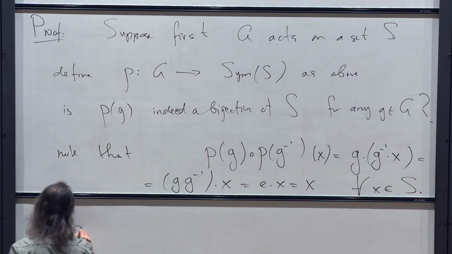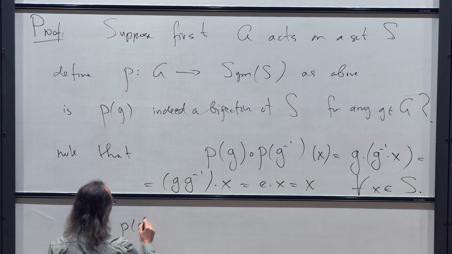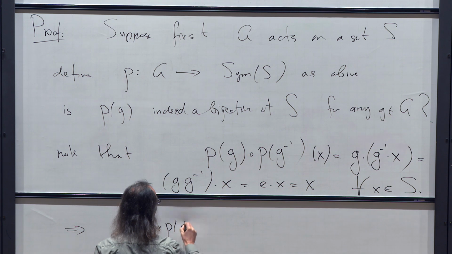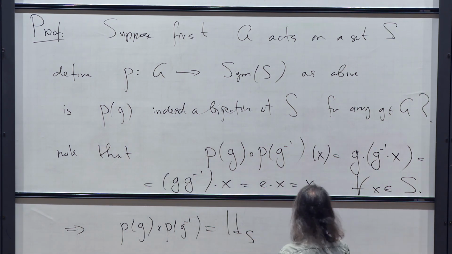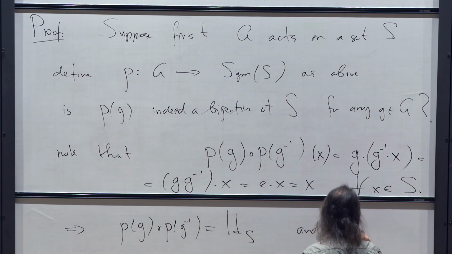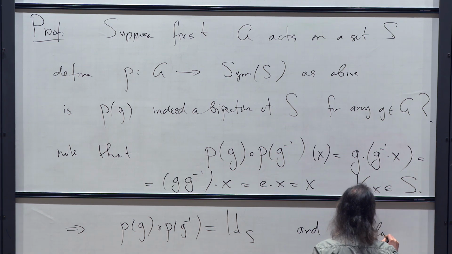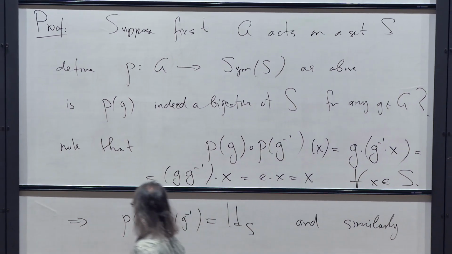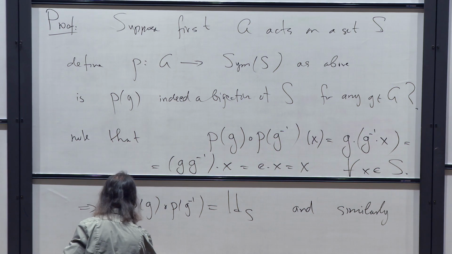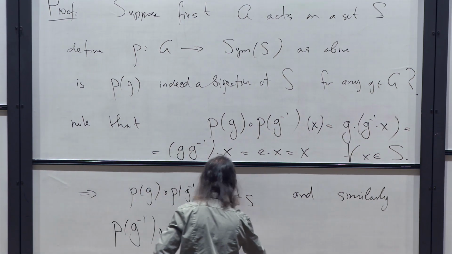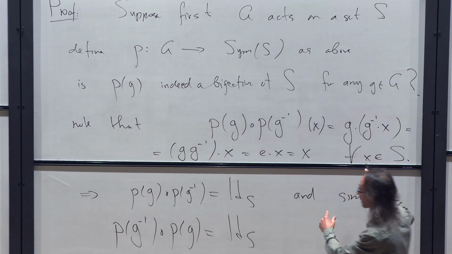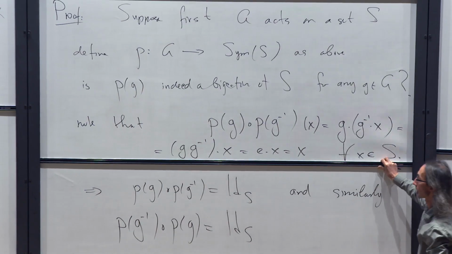Hence, rho of g composed with rho of g inverse is the identity on S, and similarly, if I compose rho of g inverse with rho of g, also I'm going to get the identity on S by exactly the same argument as above, interchanging the roles of g and g inverse.